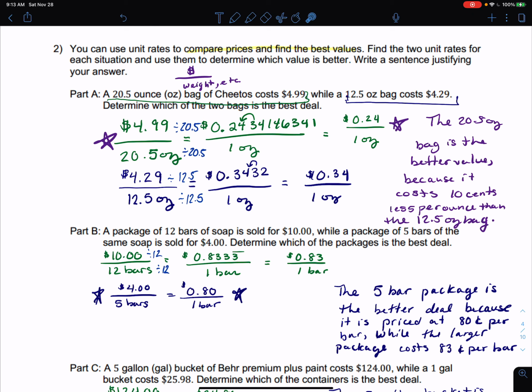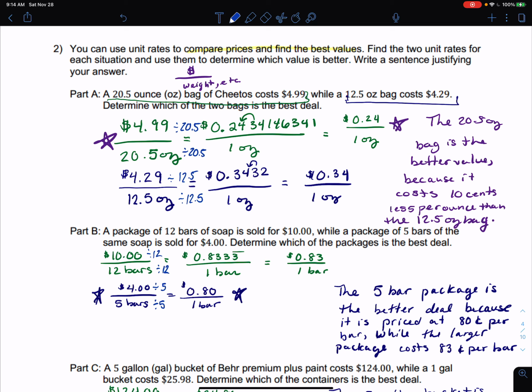If I look at the second part of the sentence, it says a package of 5 bars of the same soap is sold for $4. So I'd have $4 over 5 bars. To simplify, I divide by 5, which gives me 80 cents per 1 bar. I don't need to round, I actually get that 80 cents.